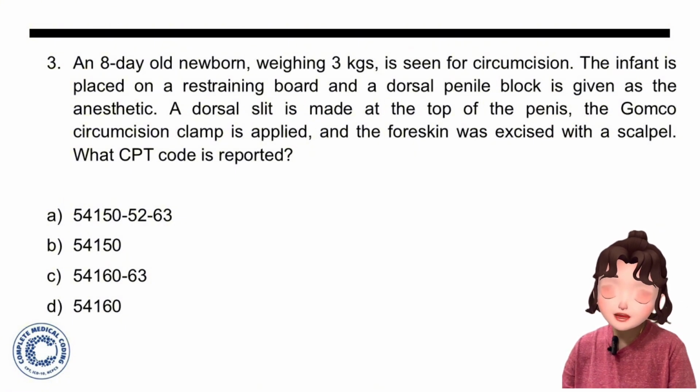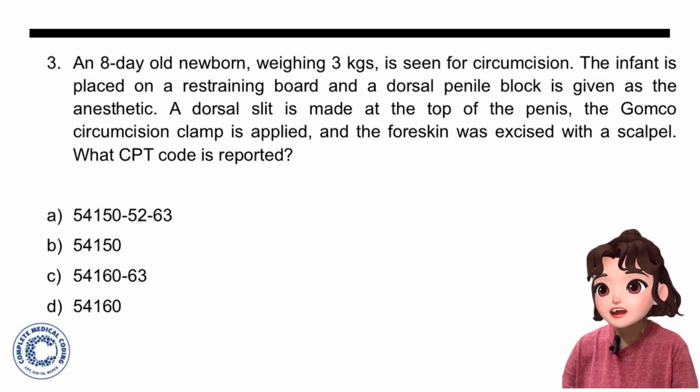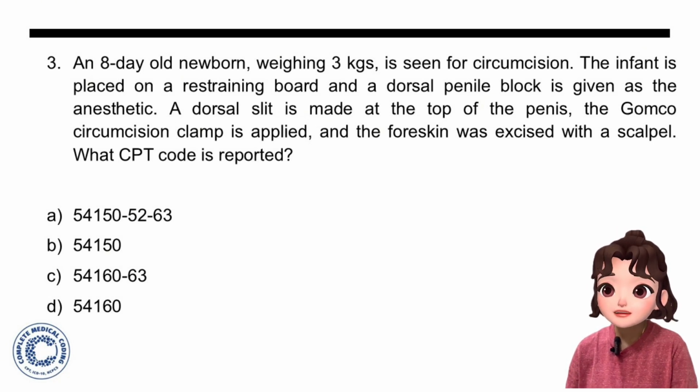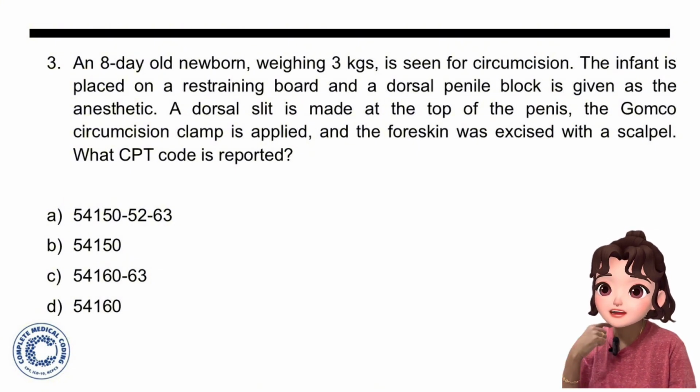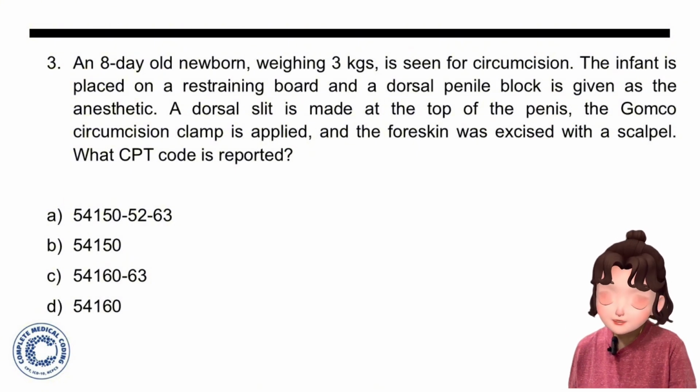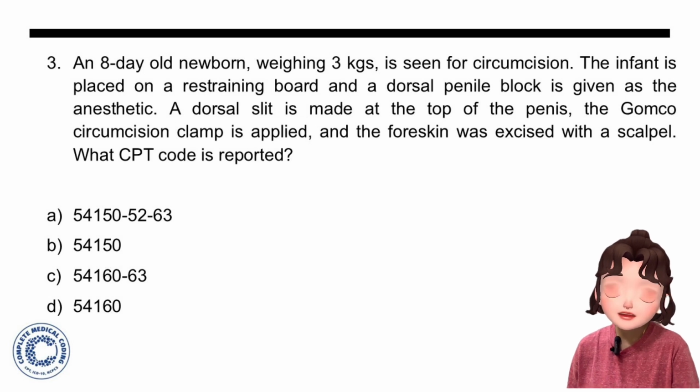You should not report 54150 with modifier 63. Then, again down, report 54150 with modifier 52 when performed without dorsal penile or ring block. Here the circumcision is performed with the dorsal penile block, right? The infant is placed on a restraining board and a dorsal penile block is given. So the first option is wrong.